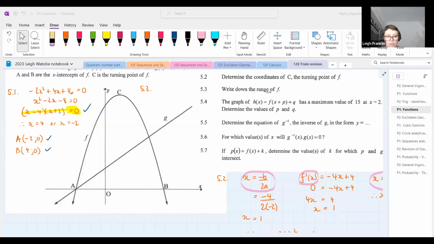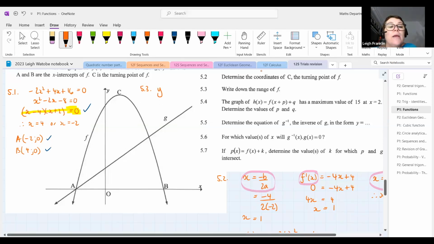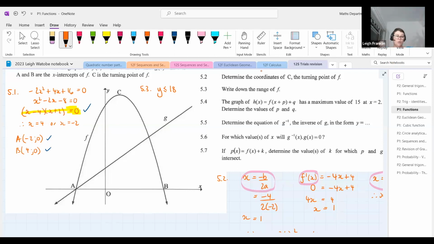I don't know if it's just because of a typo, but you've left something off. Yes, quite right. Okay, so y, we've just got to be careful here. That's it, Lesedi. Beautiful. So y is smaller than or equal to 18. Okay, it's got to be equal to in this case because 18 is its maximum. So it is equal to 18 when x is 1, so we are including the 18.